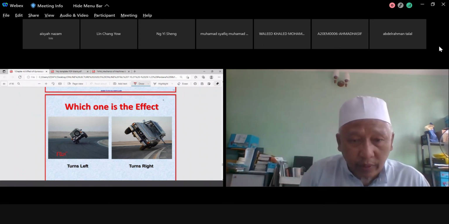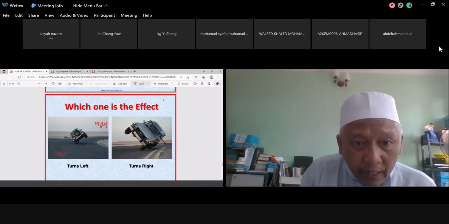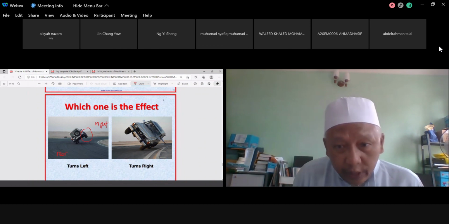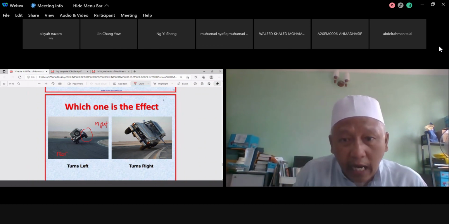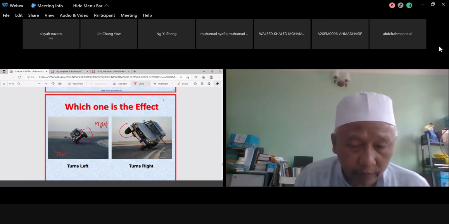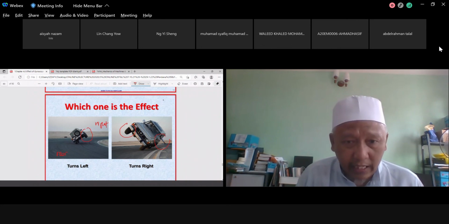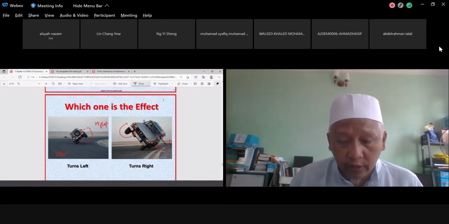Correct. This one is right. So which wheel? The inner wheel has a tendency to leave the ground. This one is coming to you. So the outer wheel has a tendency to leave the ground. Don't bother with this guy. This one plays around with the position. Focus on what happened to the structure or to the body.